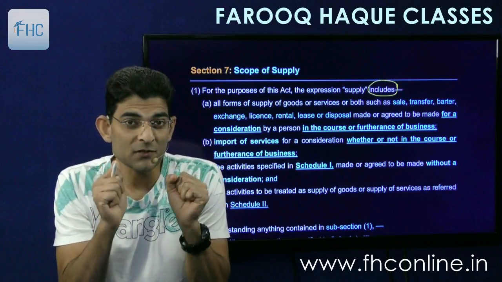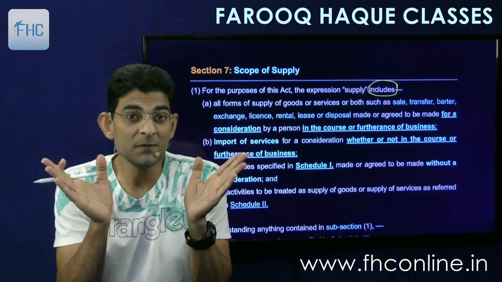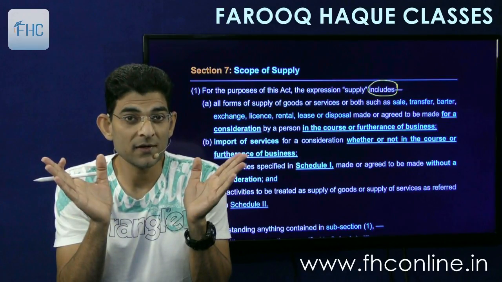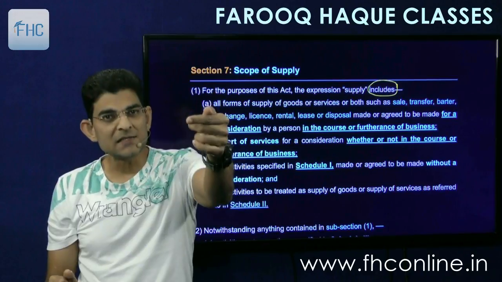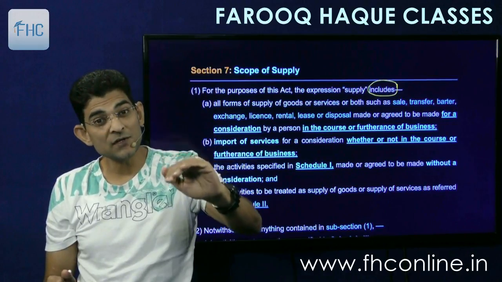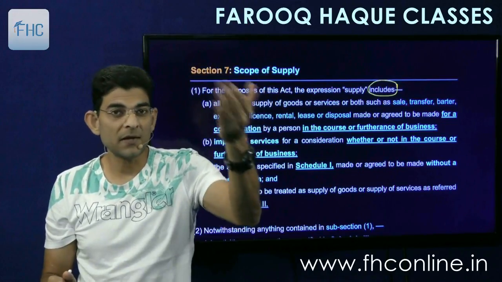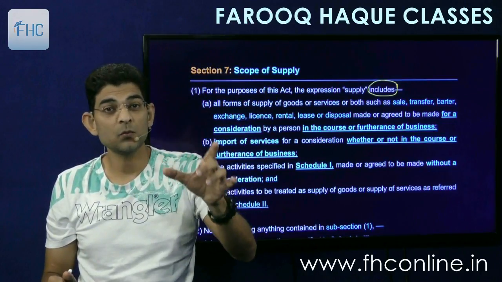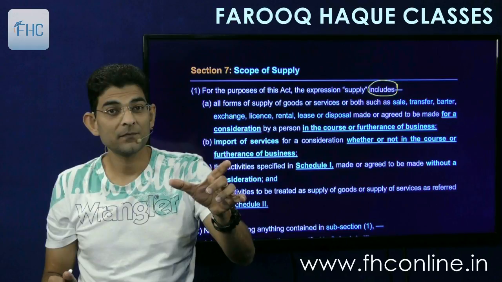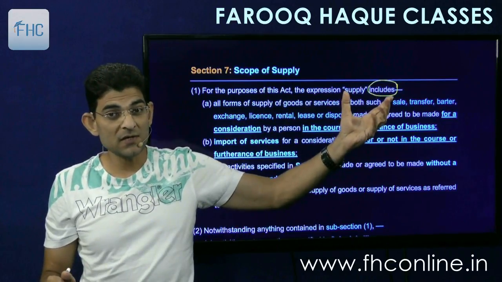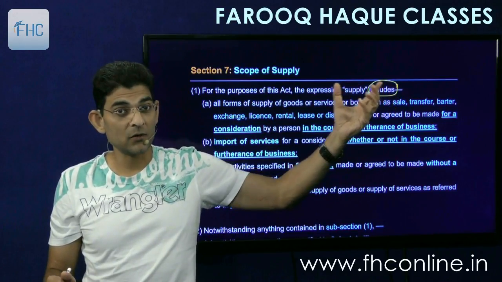So to stop tax avoidance, they keep the definition inclusive, so that even if you do something else, that can also be considered as supply. If it falls within the natural meaning of the word supply, it can also come there, and hence it will also be taxable. Okay, so hence the definition is kept inclusive and not exhaustive.